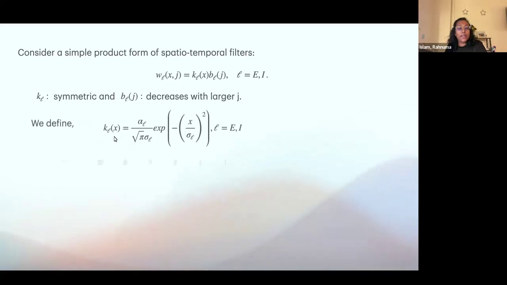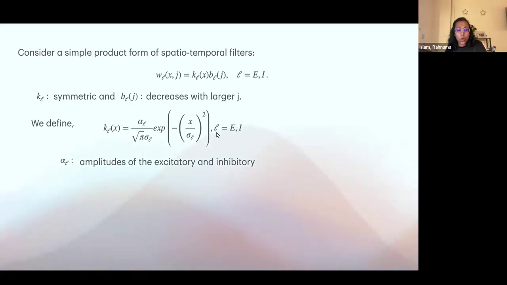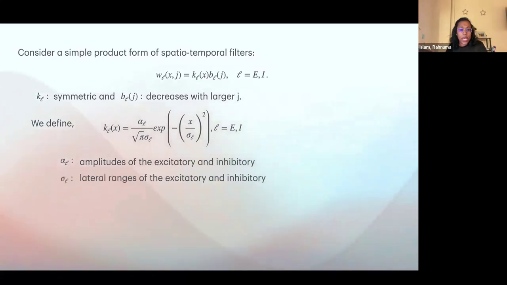So then we defined our space kernel like this, where alpha_L is the amplitude of those neurons, and sigma_L are the lateral ranges of those neurons.